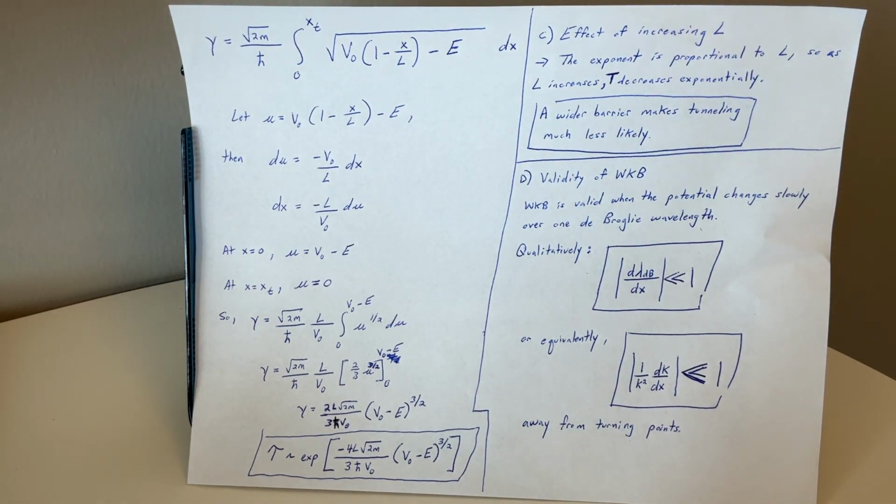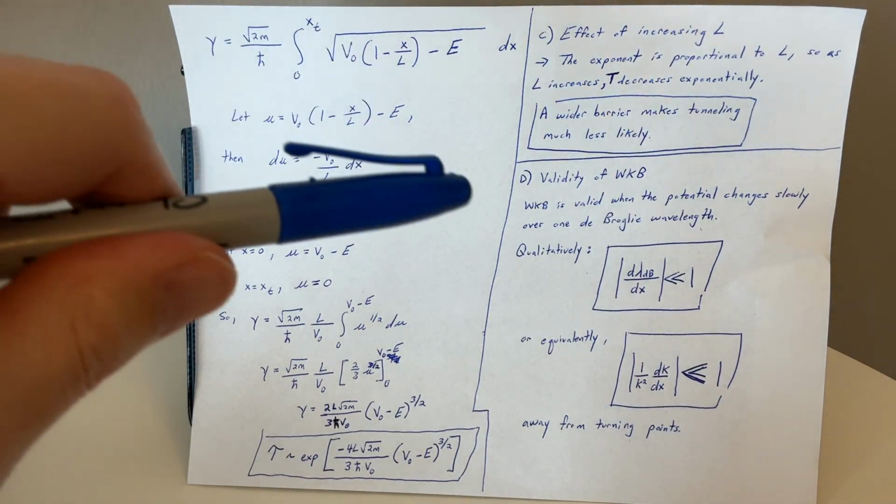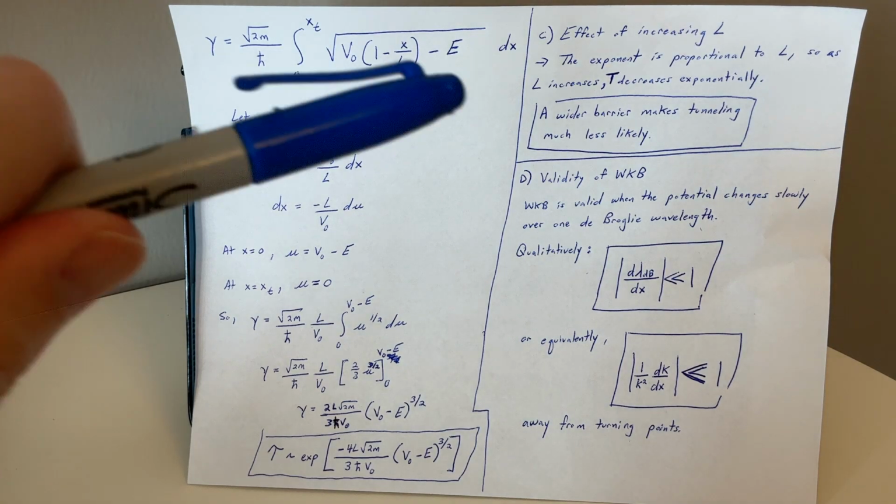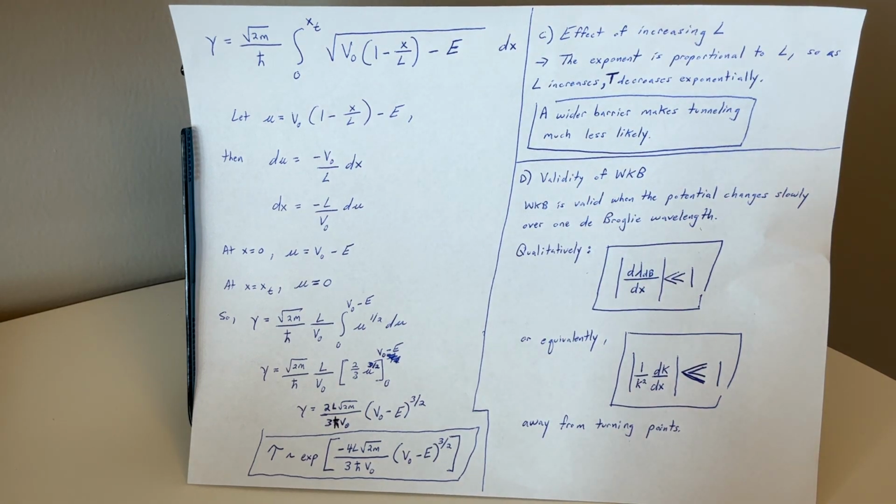Part D, because I'm just trying to get you through this quickly, since you could always pause and go back and forth. Part D: under what physical conditions is the WKB approximation valid? Well, the WKB approximation is valid when the potential changes slowly over one de Broglie wavelength.